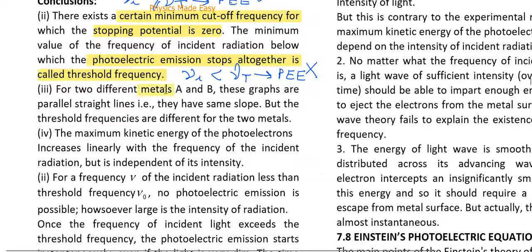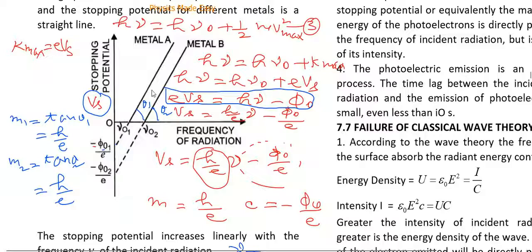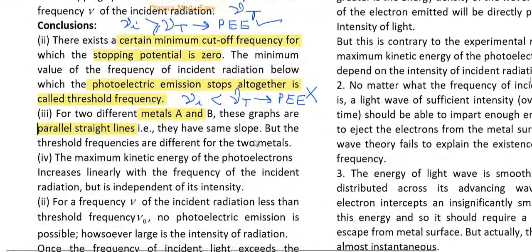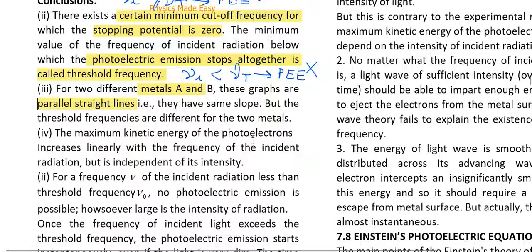Now, for two different metals A and B, the graphs are parallel straight lines. See this, the graphs are parallel straight lines. They have the same slope, but the threshold frequency is different for different metals.